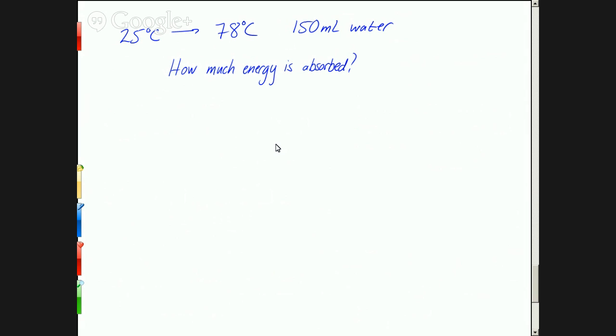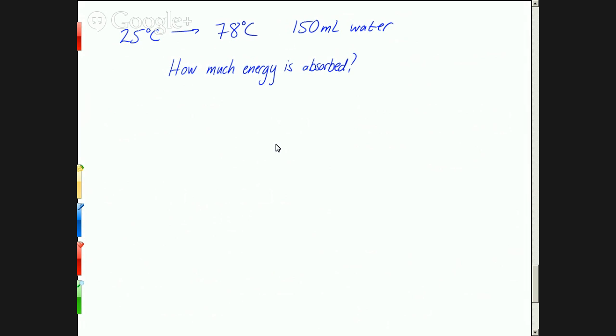Anybody know how we do this or what this involves? Right, so this is really a question that's asking about specific heat. How much energy does it take to increase each gram of water's temperature by 1 degree?